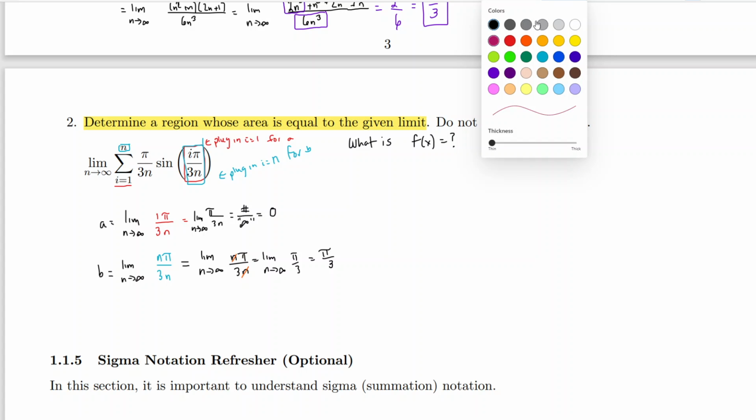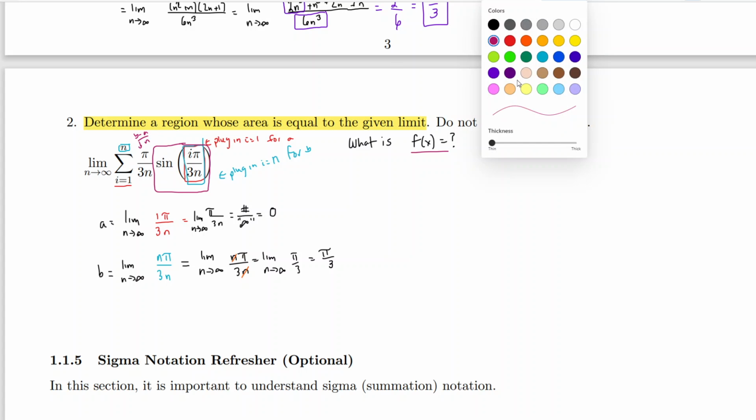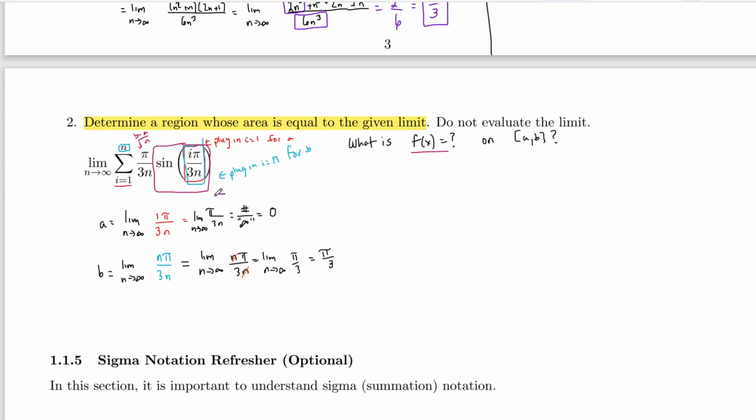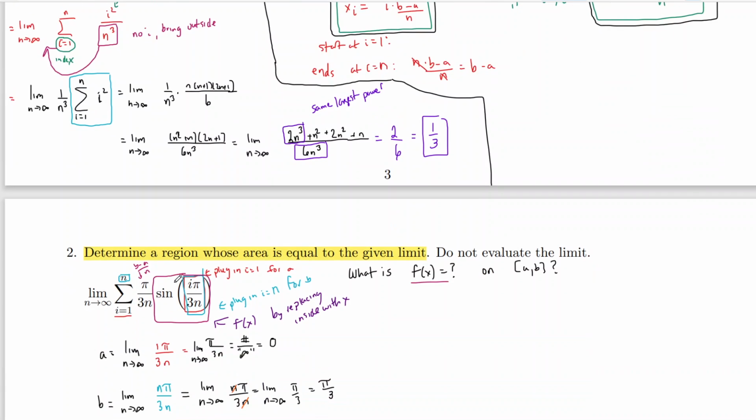And now this might be even the easiest part, figuring out what is f of x. You may have been able to guess it, but you just look here. This is your function because this is the b minus a over n in front. And this function here, this is f of x by replacing the entire inside with x. So this is actually the formula that we derived here. x_i is i times b minus a over n.